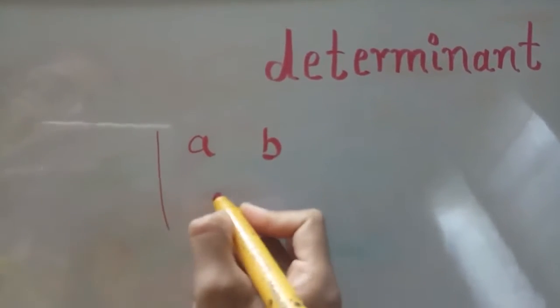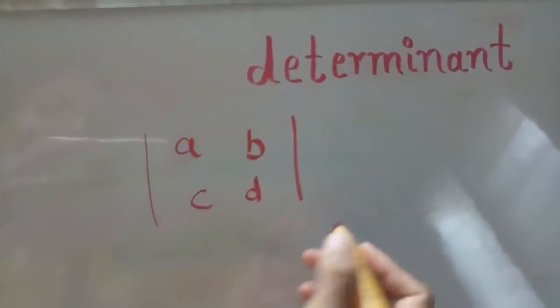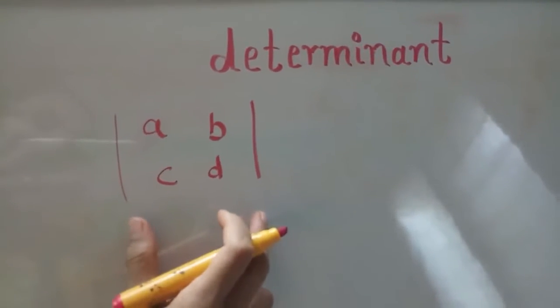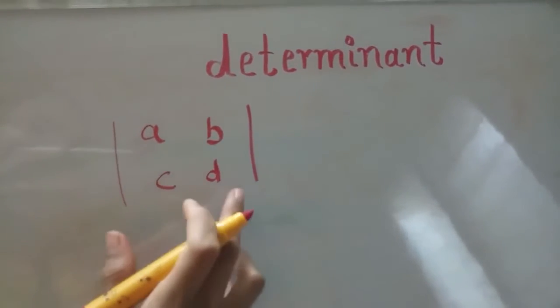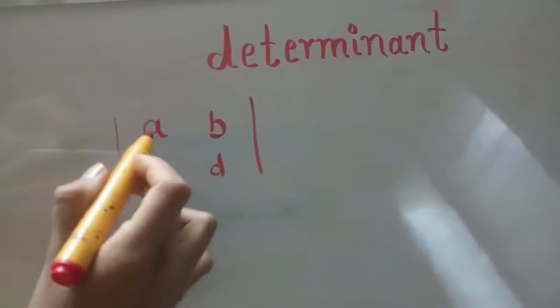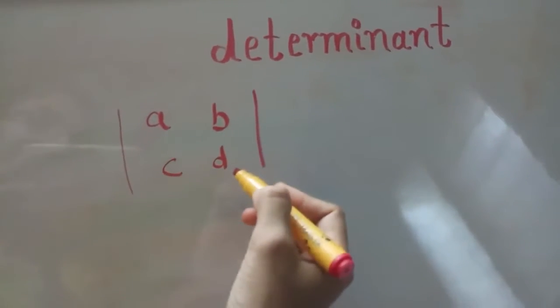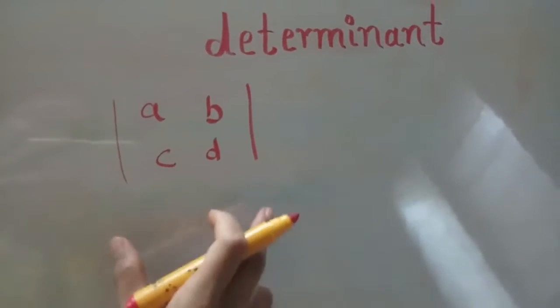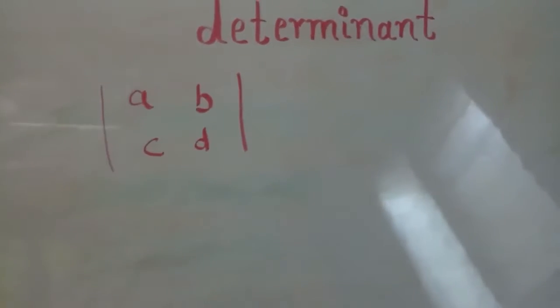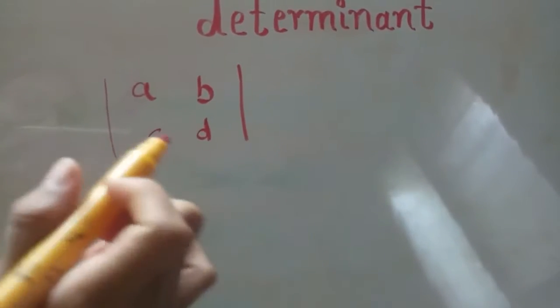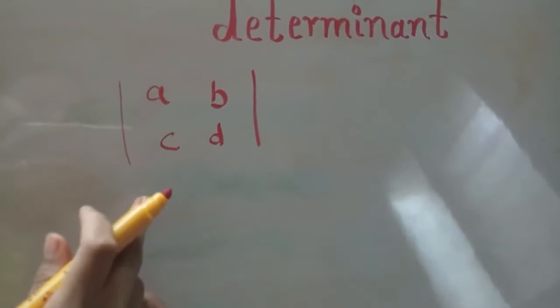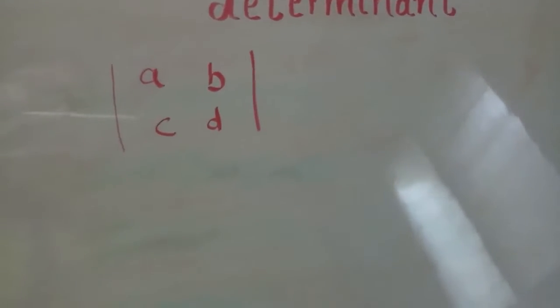A, B, C, D is a determinant. A, B and C, D are rows, and A, C and B, D are columns. The degree of the determinant is 2 because there are 2 elements in each column and 2 elements in each row.